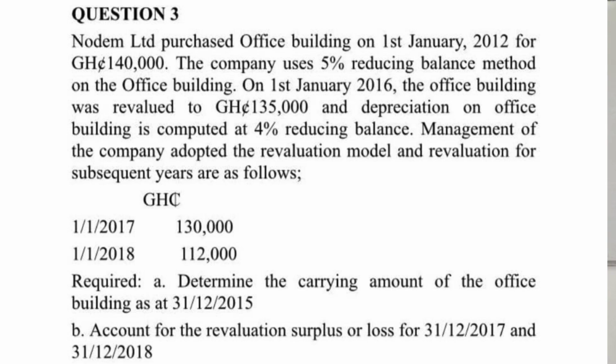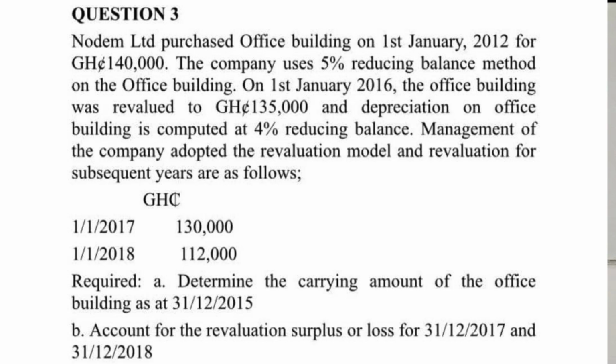Management of the company adopted the revaluation model, and revaluations for subsequent years are as follows. 1st January 2017, it was 130,000 Ghana cedis. 1st January 2018, it was 12,000 Ghana cedis.